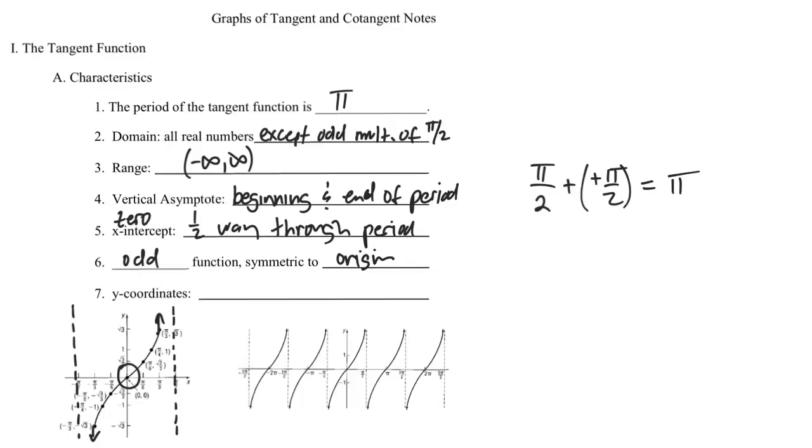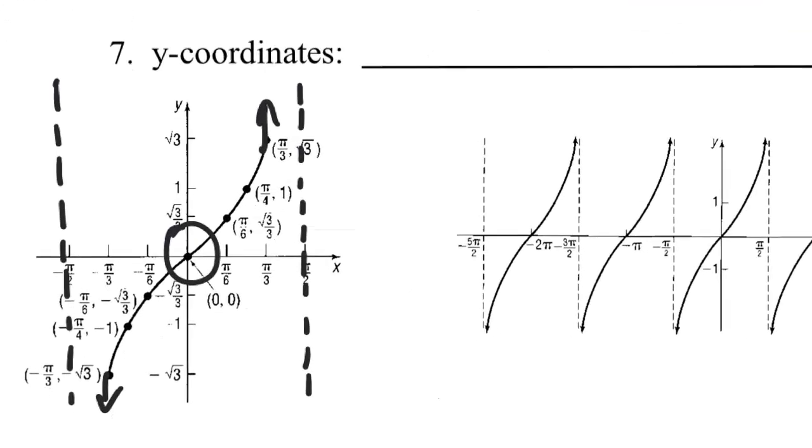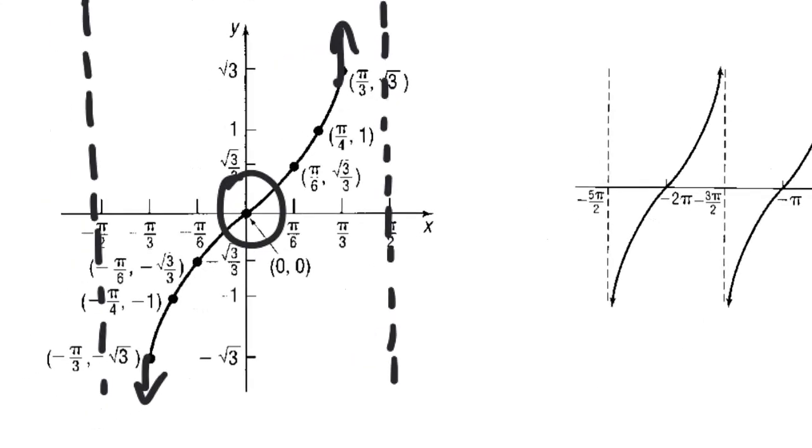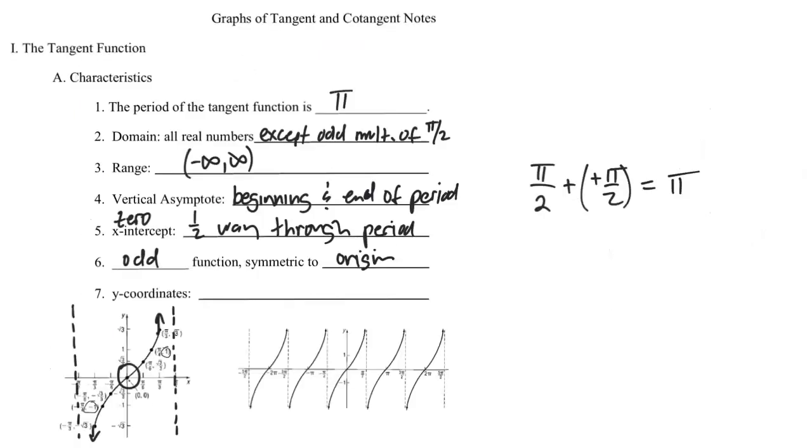And so I'm going to zoom in here just a little bit so that you can see where these y-coordinates are. And so you can see that there's one here at -1, which is a really easy to identify point, and then another one here at +1, and those occur 1/4 of the way and 3/4 of the way through the function.